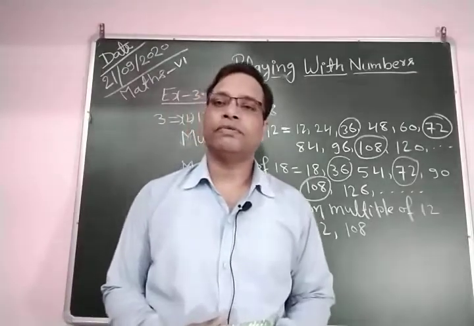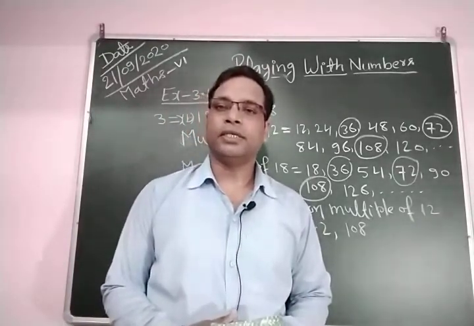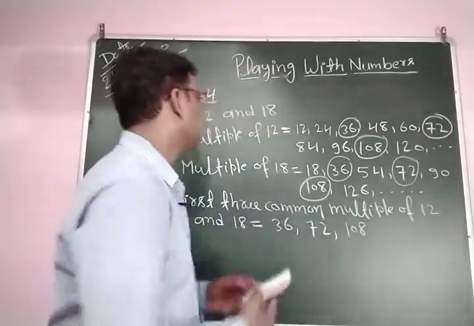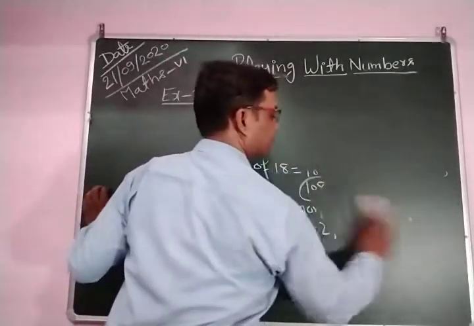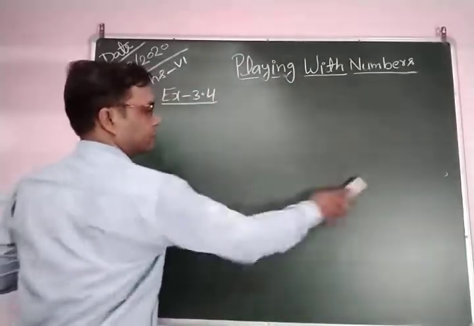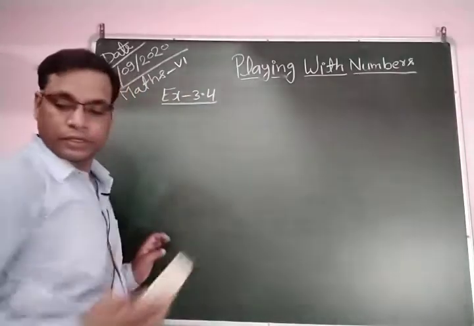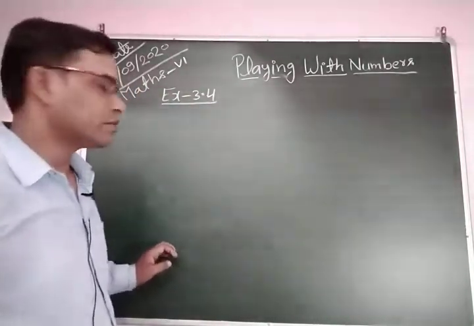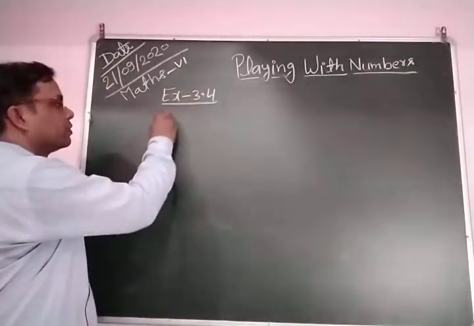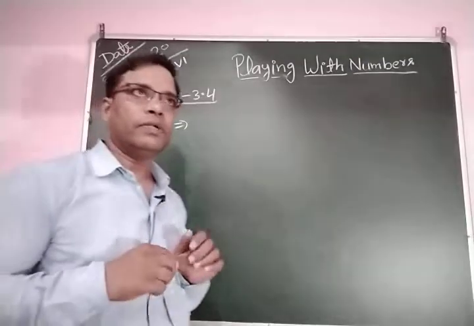So let's see how to find the common multiples of 3 and 4 less than 100. Now we are going to discuss question number 4. We need to find the common multiples of 3 and 4 less than 100.